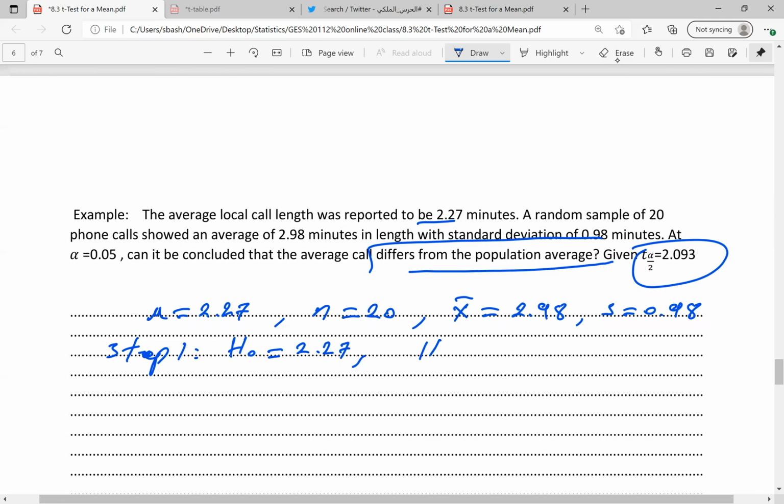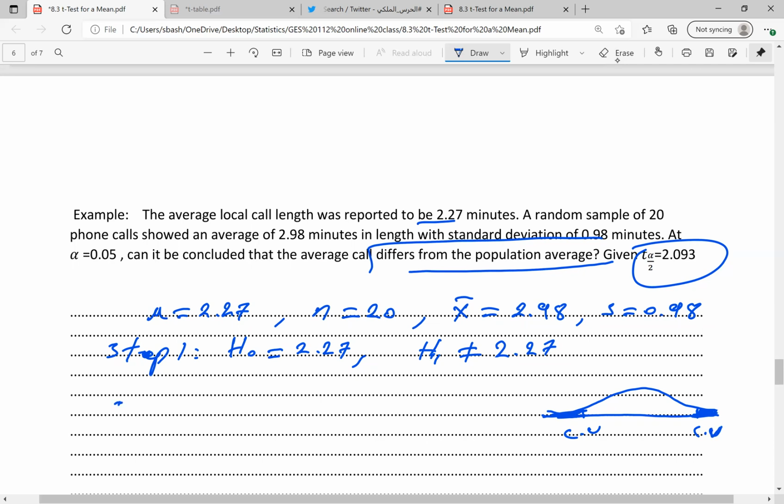The alternative hypothesis H1 is not equal to 2.27. So it is a two-tailed test. Then I have two critical values, one to the left, one to the right.